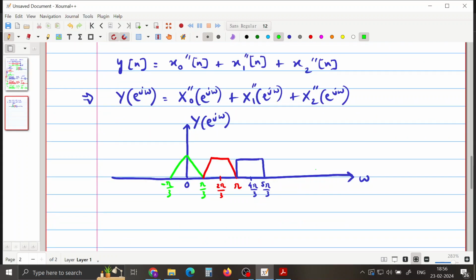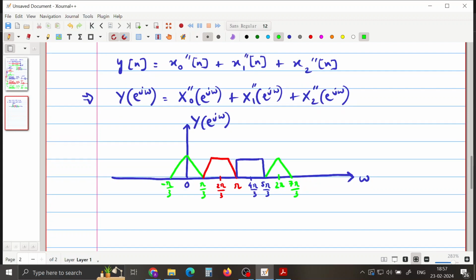So again this triangle will appear here. It is centered at 2 pi, and this edge would be 7 pi by 3. This is what your overall spectrum of y of n, which is y of e power j omega, would look like. Okay, and this I have drawn from 0 to 2 pi basically.